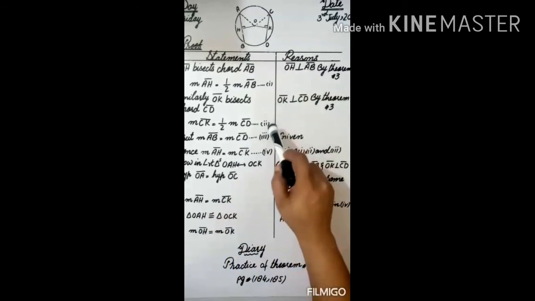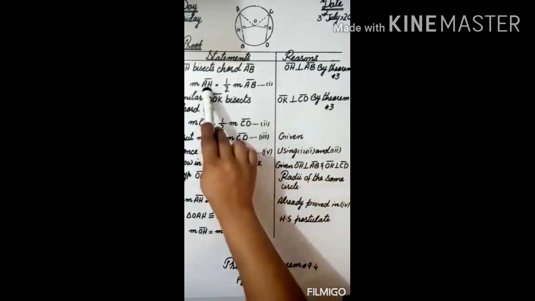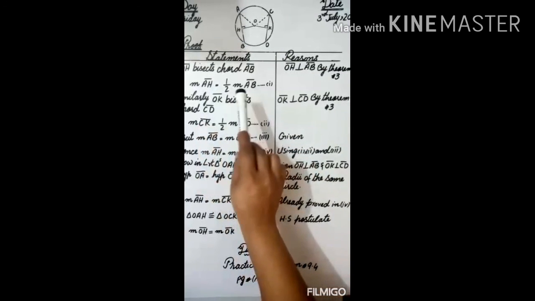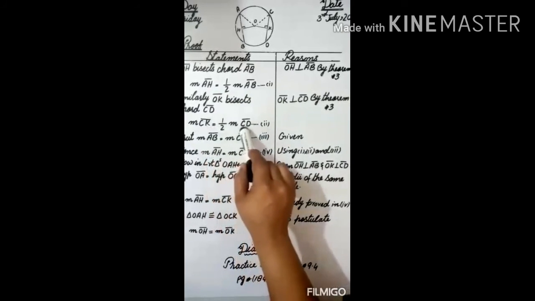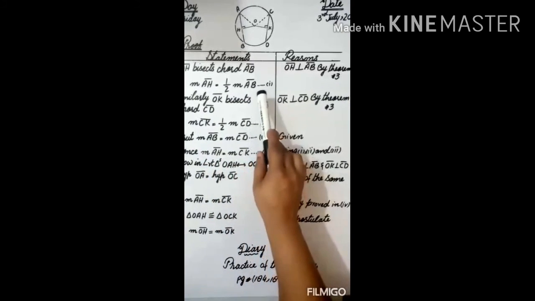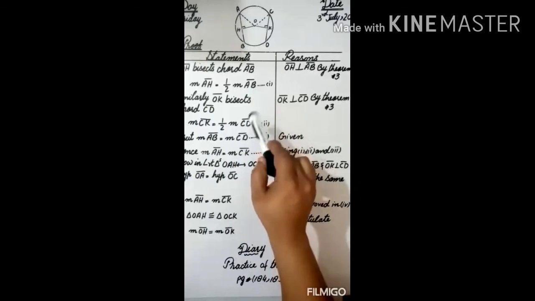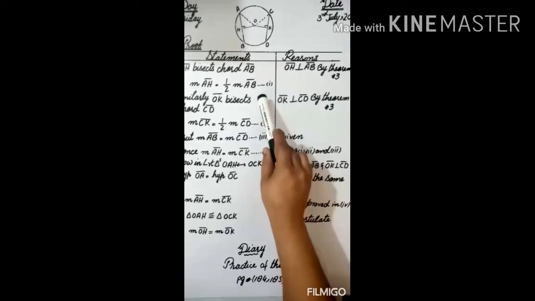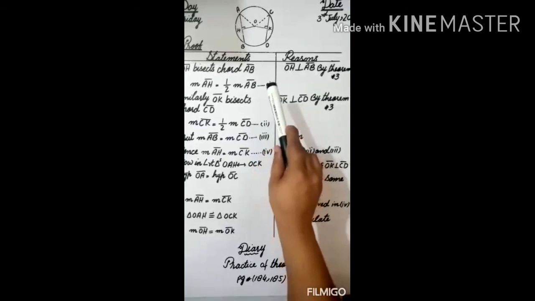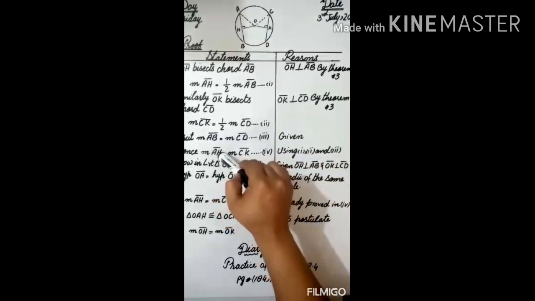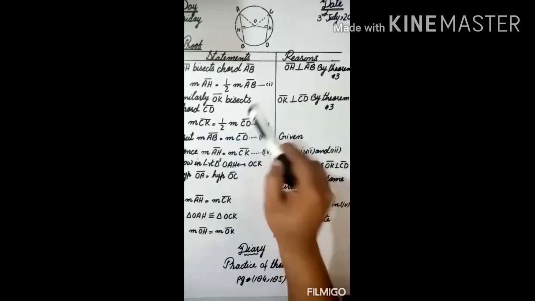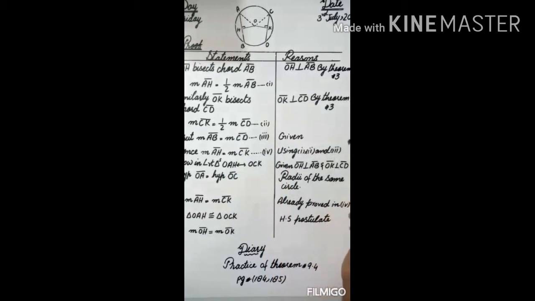Move on to equations number 1 and 2. According to these two equations, AH is half of AB and CK is half of CD, and when both chords AB and CD are equal, then obviously their halves are also equal. So that's why measurement AH is equal to measurement CK. This is all about the theorem.